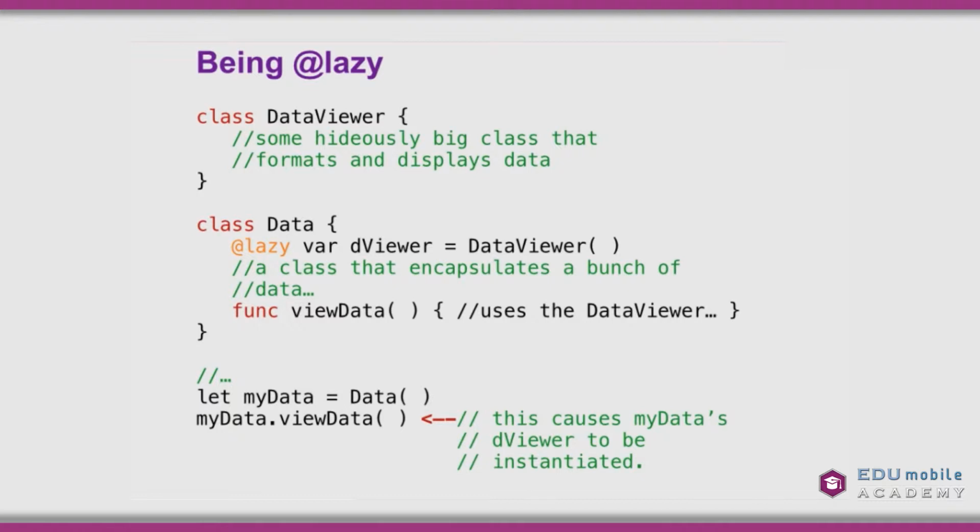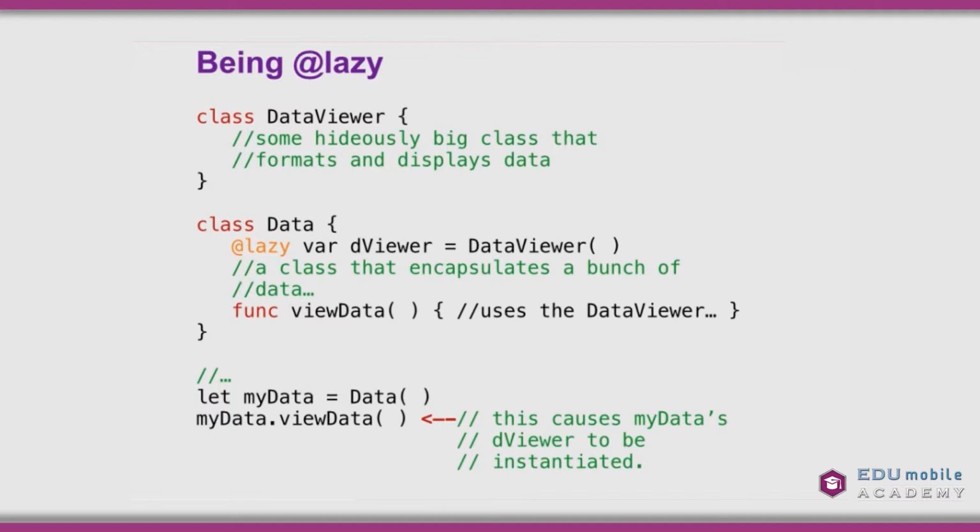So we mark that lazy. What that means is lazy var dviewer won't be instantiated unless someone needs it. If it weren't lazy, it would have to be instantiated where? In the initializer. So you're starting to get the idea. There's also a function viewData that uses that dviewer.